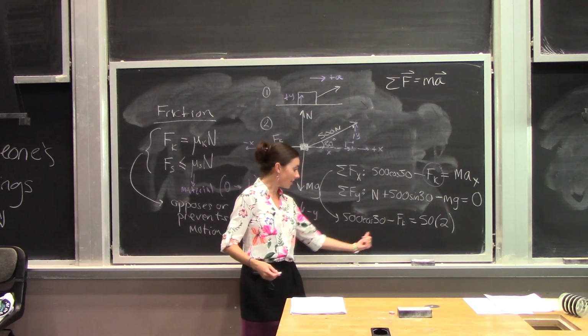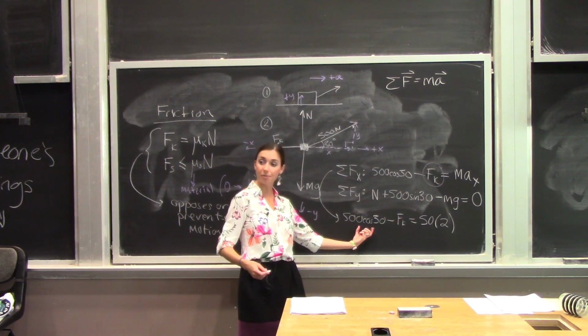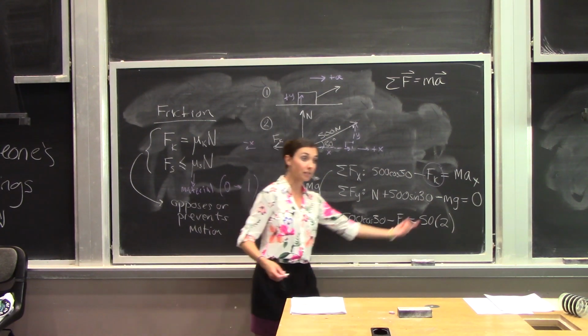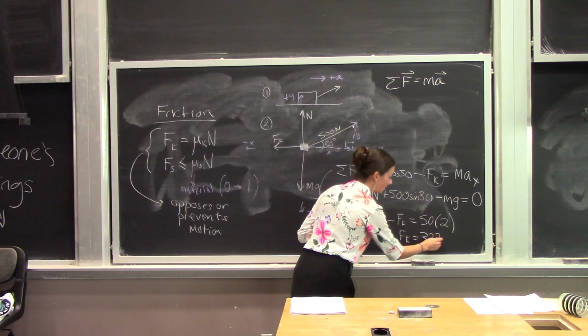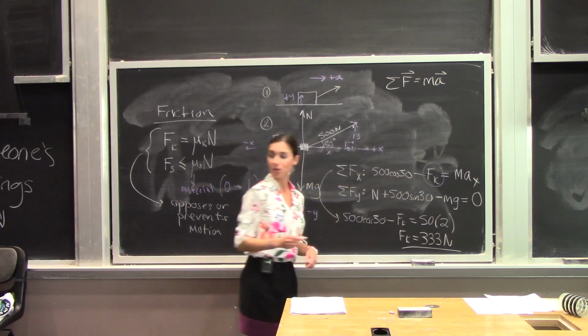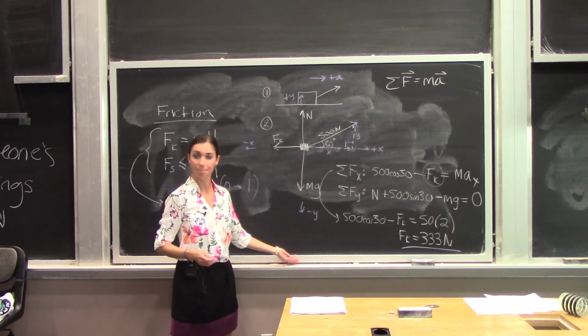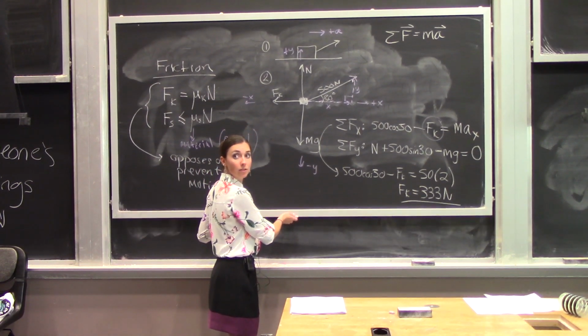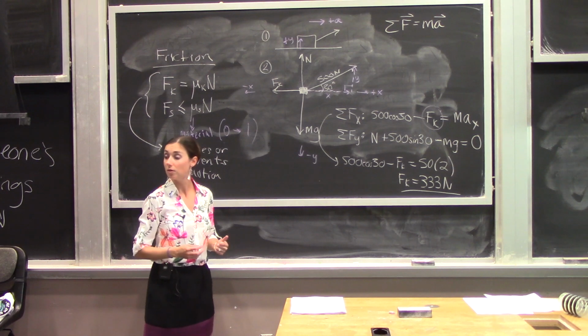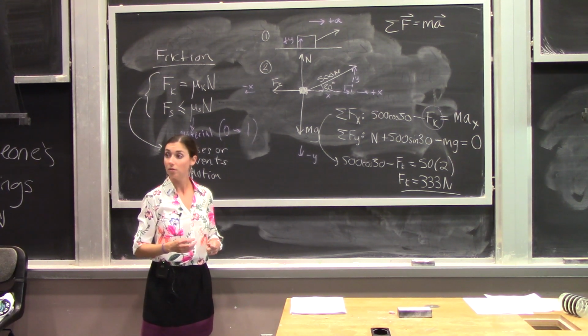This thing turns out to be something like 433. Do a little bit of algebra and you end up getting that your kinetic friction force is about 333 newtons. Okay. Questions on that? Any questions at all on that?